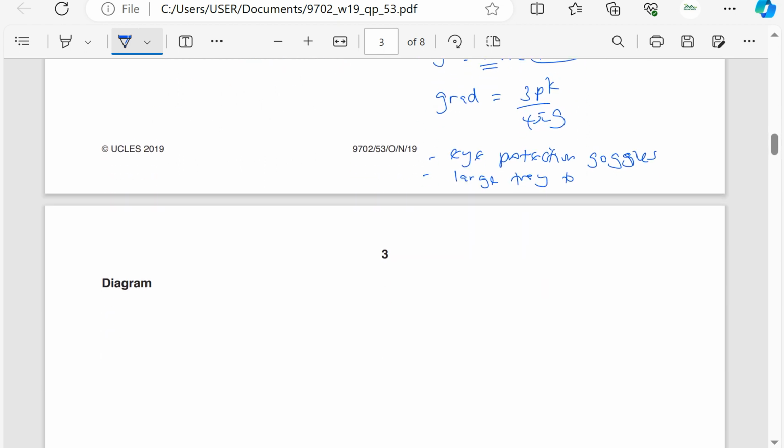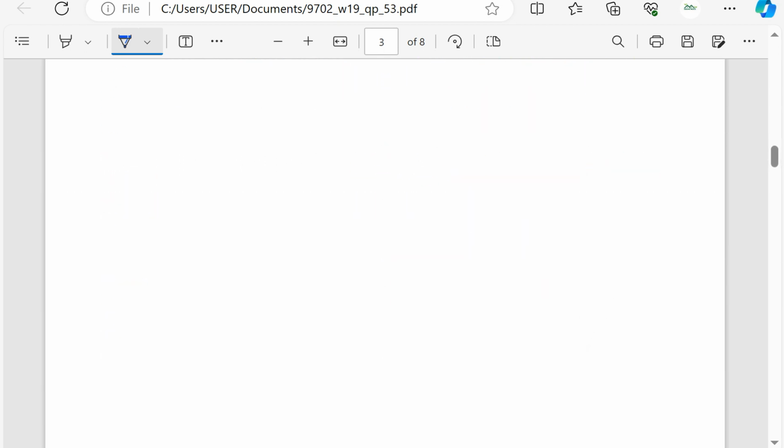So let's start. I'll begin with a simple diagram because I have to assemble this into a diagram. The diagram is very important. But before I do that, I've already chosen which one is independent and which one is dependent.